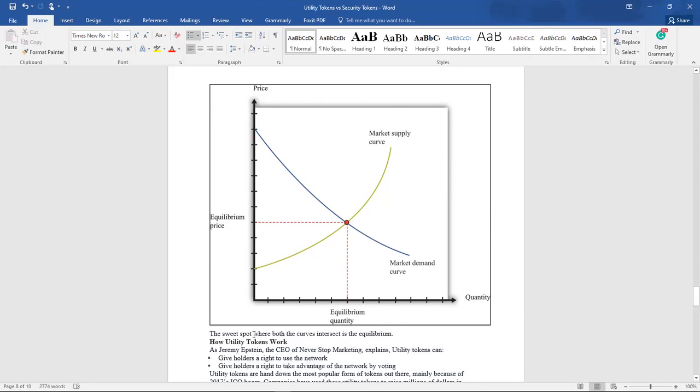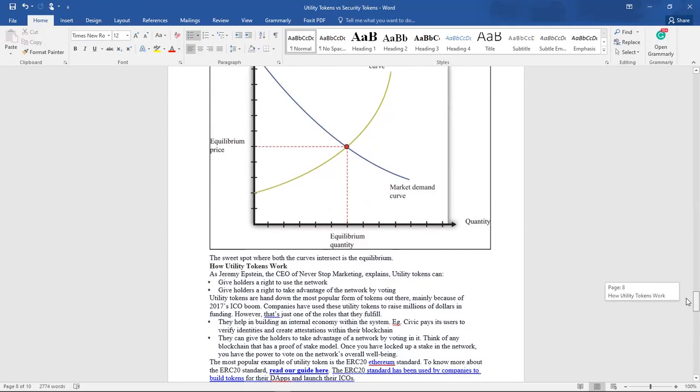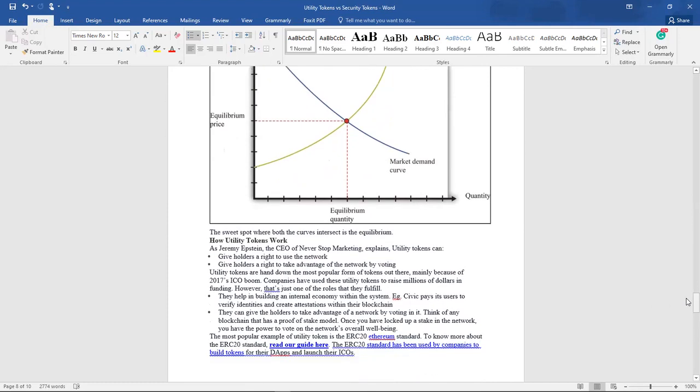How utility tokens work, according to Jeremy, the CEO of Never Stop Marketing, can be explained like this: you give holders a right to use the network. You also give holders a right to take advantage of the network by voting.